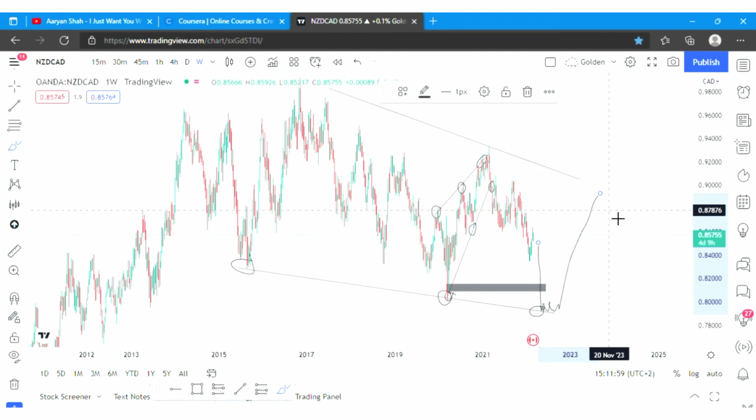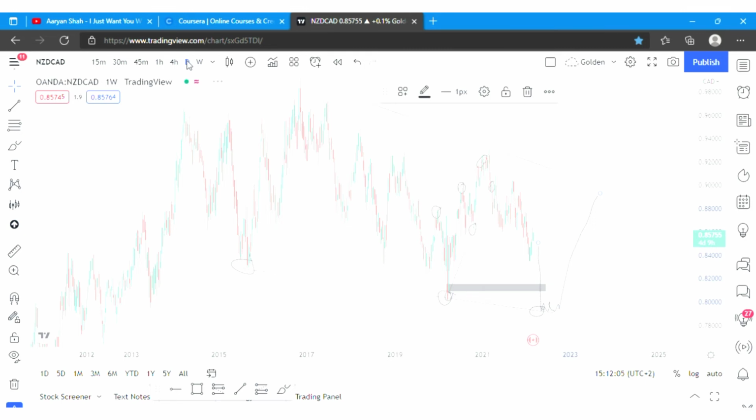What is happening right now is that we have to scale this market down to the daily time frame just to see properly what is really happening. I can already see that there was a support level that was broken. Now the market is just trying to retest those levels.